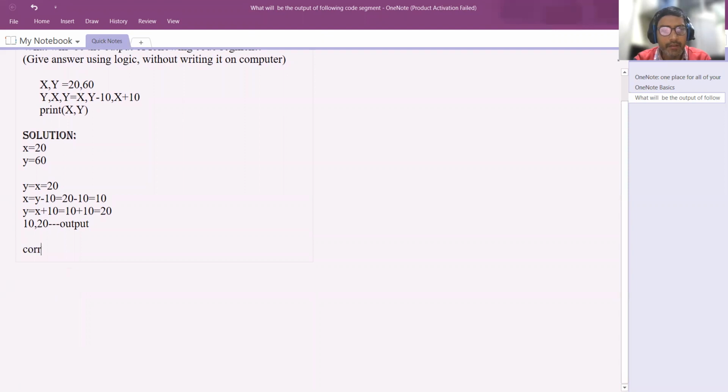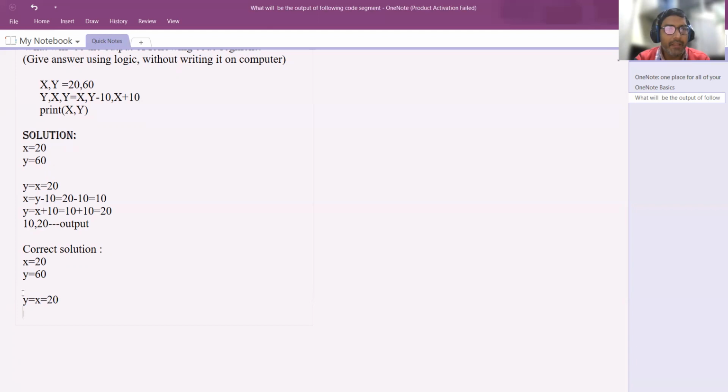So the correct solution is: we are given x is equal to 20, y is equal to 60. Now y is equal to x, so it will be 20.